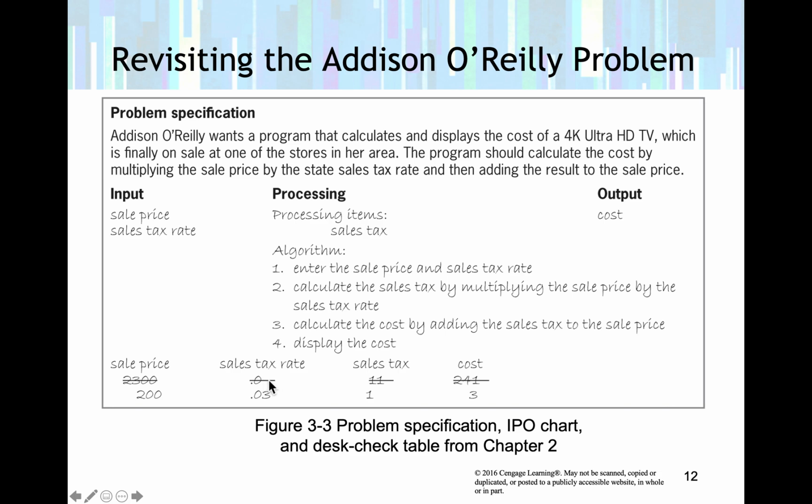So they have some kind of sales tax rate that gives you $11. Okay, let me see if I can calculate this. 2300 times 0.0.